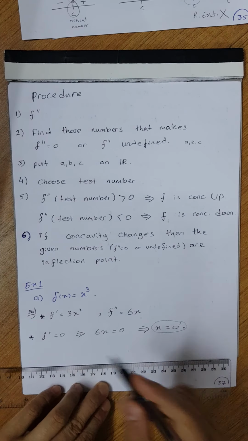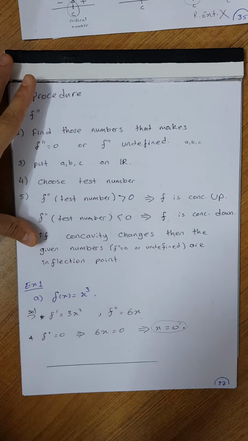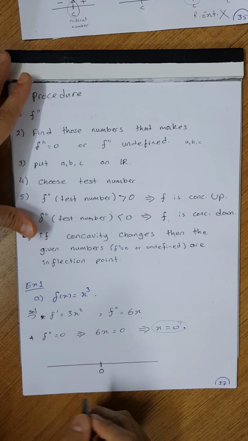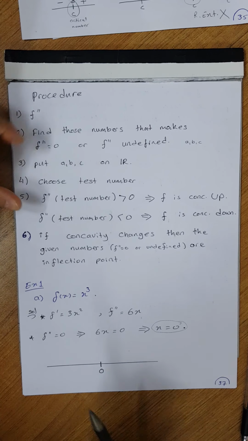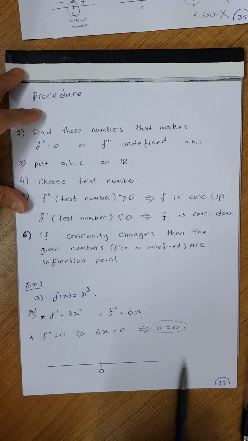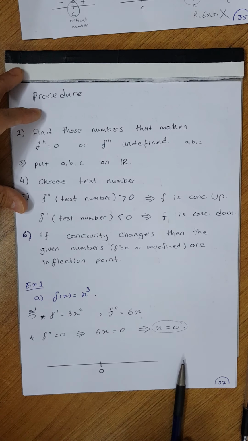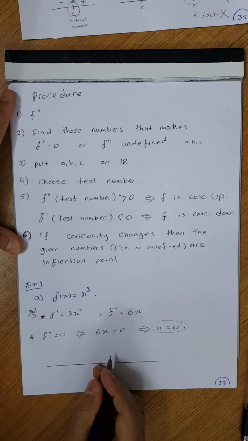It's just a number that I have found that makes the second derivative equal to 0. I'm putting that 0 on the real number line. It gives me two sub-intervals, an interval from negative infinity to 0 and an interval from 0 to infinity. Then I'm choosing test numbers.